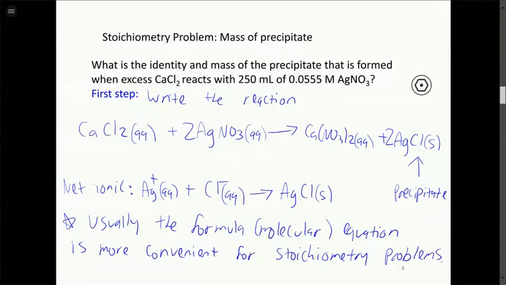So don't bother going through the steps to generate the net ionic equation if all you have to do is some sort of stoichiometry calculation.